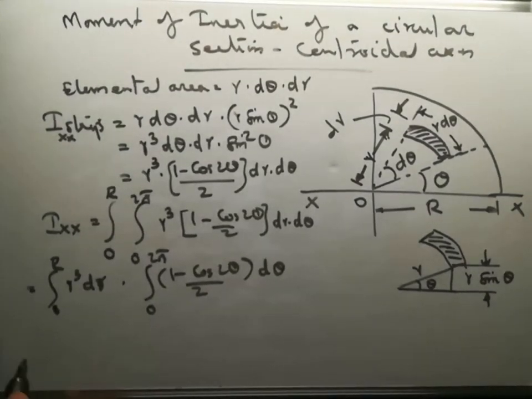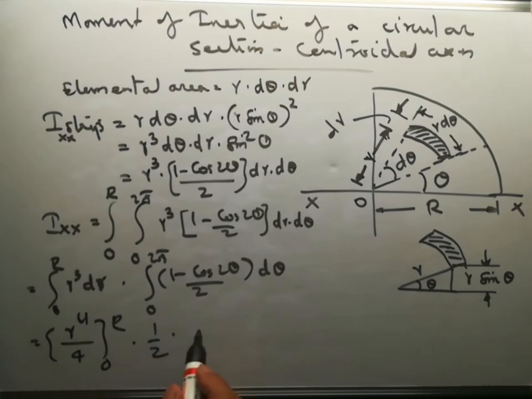So this will be equal to r raised to 4 by 4 from 0 to r, into 1 by 2 into theta plus sin 2 theta by 2 from 0 to 2 pi.